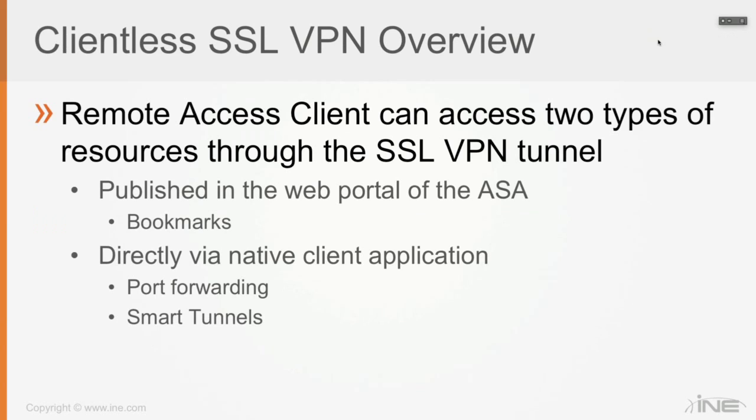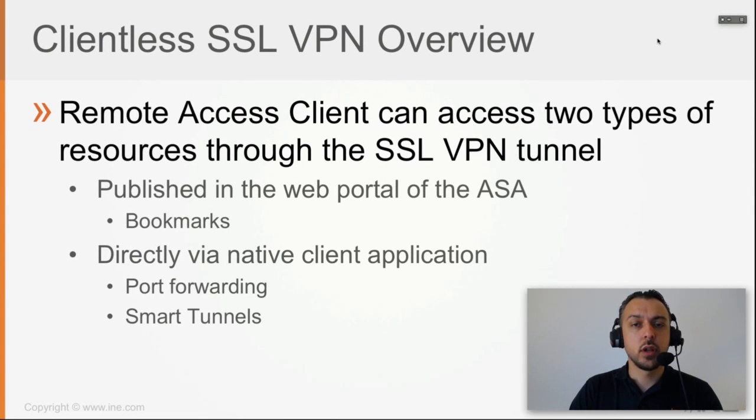Now, through the portal, to the clientless SSL VPN tunnel, users can access two types of resources. Either published in a portal, those are going to be known as bookmarks, or directly via a native client application installed on the client's PC. So either we're going to publish bookmarks in the portal, or the remote user can use the client application on its PC, like for example, the Outlook client.